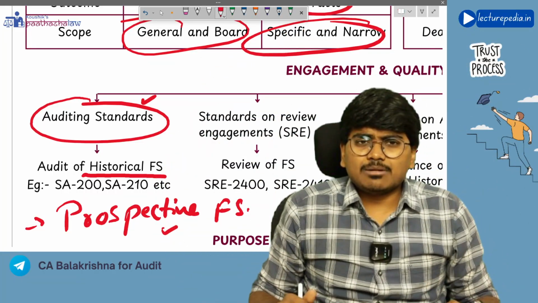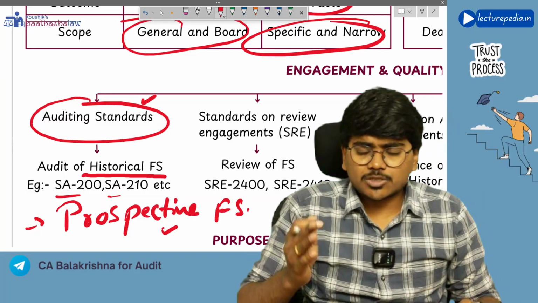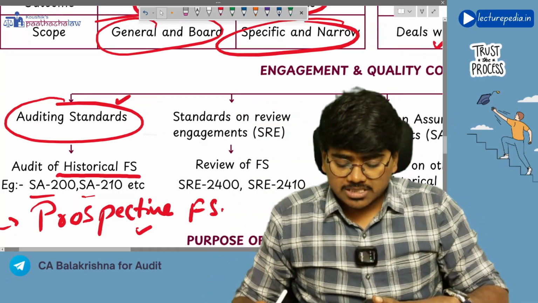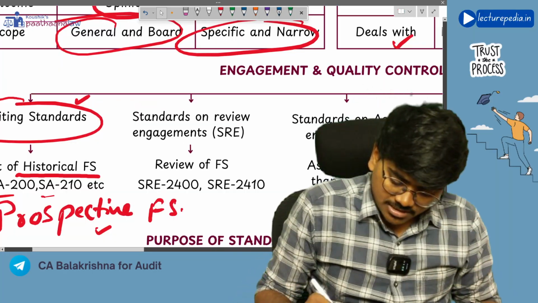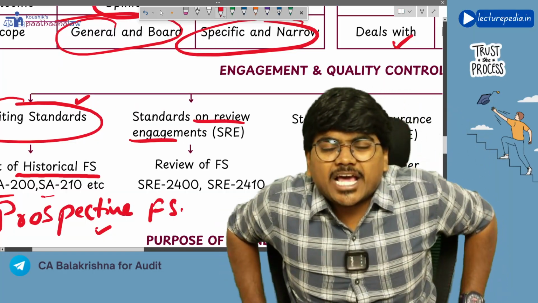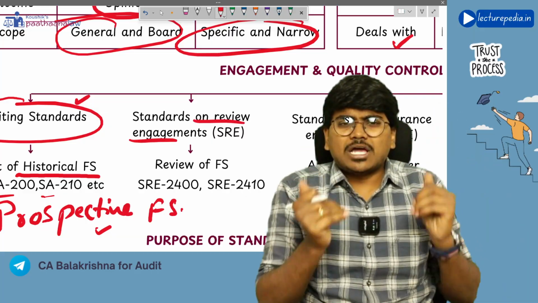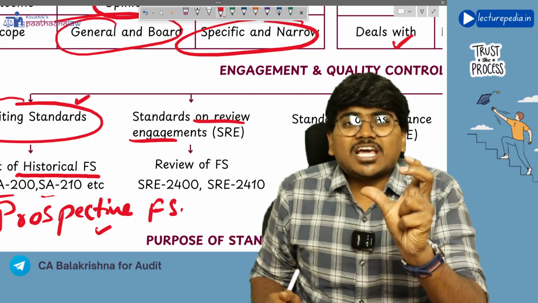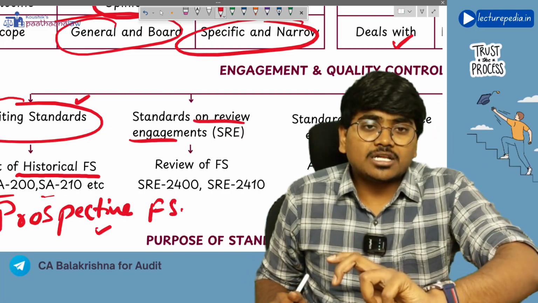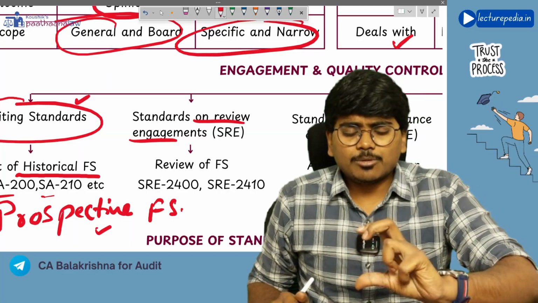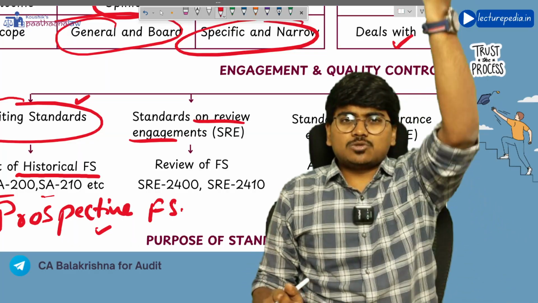Some examples of auditing standards are SA-200, SA-210, all the standards that we are going to discuss in our syllabus. Next, standards on review engagement. What is meant by review? Just now we have discussed limited assurance. An engagement in which the auditor, or practitioner, provides limited assurance is known as a review engagement.